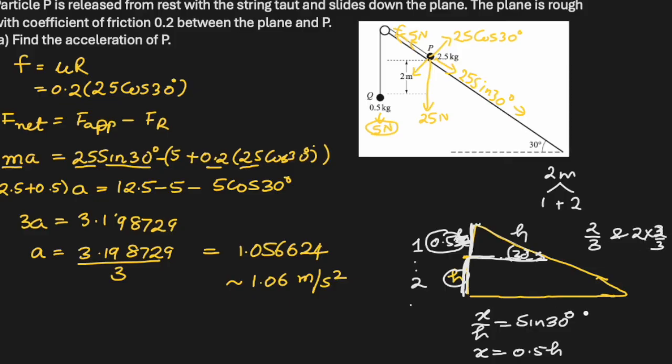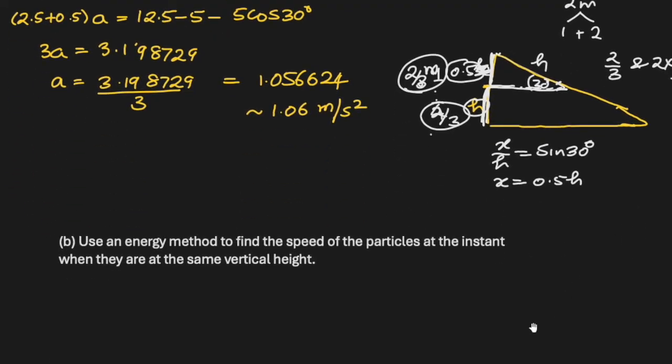This is how we can divide a height into 2 parts. So this is, I'm sorry, this is not 2/3, this is 4/3, and this is 2/3 of a meter. This is very important. So 2/3 meter and 4/3 meter, their ratio is 1 to 2 and their sum is 2 meters. Okay, this is what we will use in our energy method.